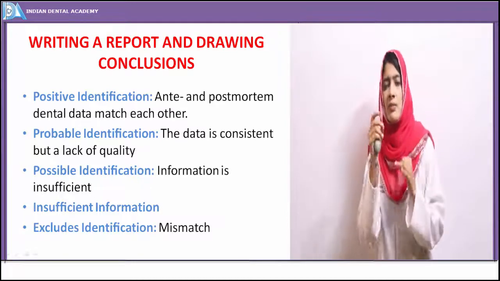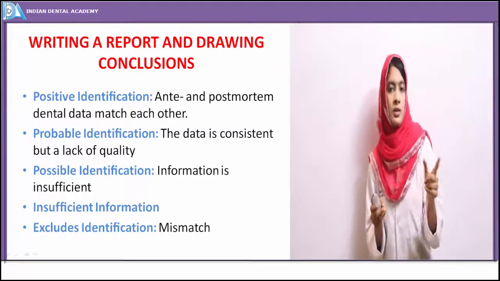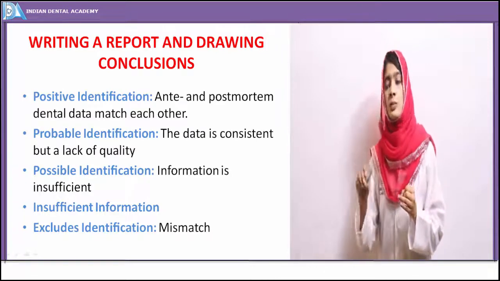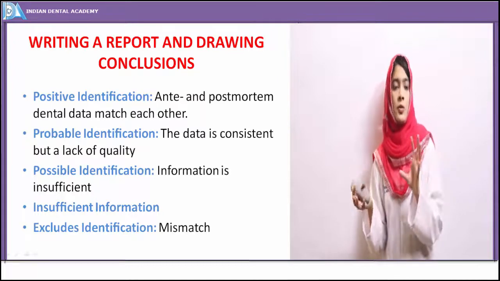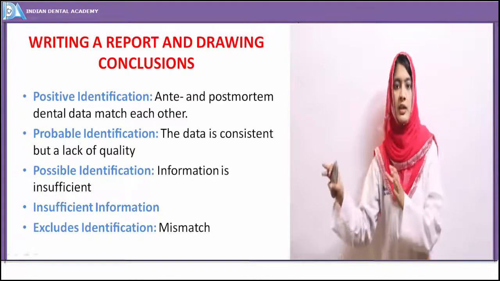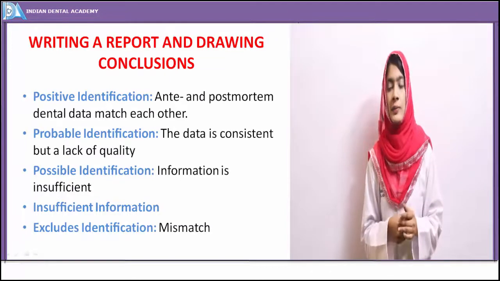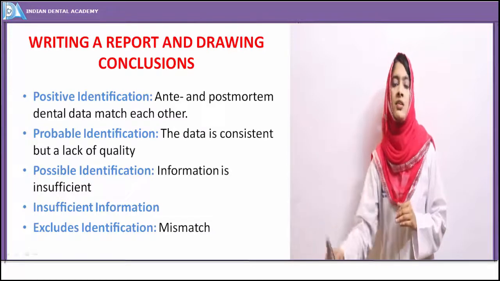So there is some lag in quality, but the individual may be probably identified. So you write in the report probable identification. That is, the ante-mortem and post-mortem data collected are consistent, but there is a definite lack in quality. That does not mean it is a mismatch. It may be a probable identification.